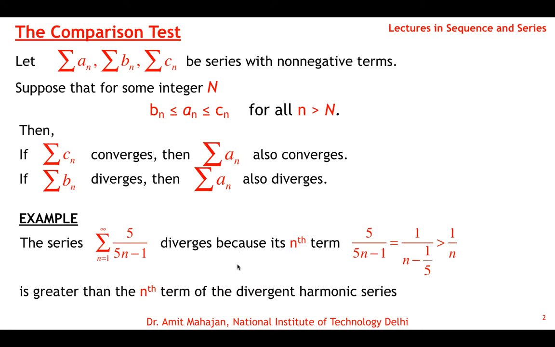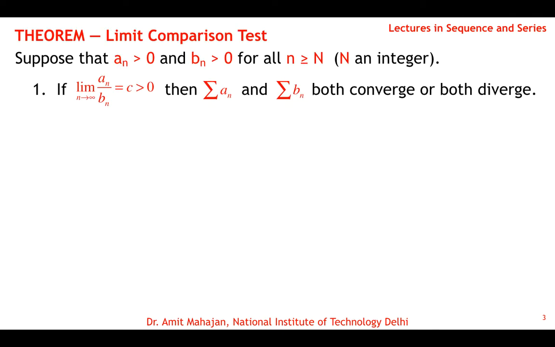Another way to test this is the limit comparison test. Suppose that an are positive and bn are positive for all n greater than or equal to capital N, so after some point the an and bn are positive.